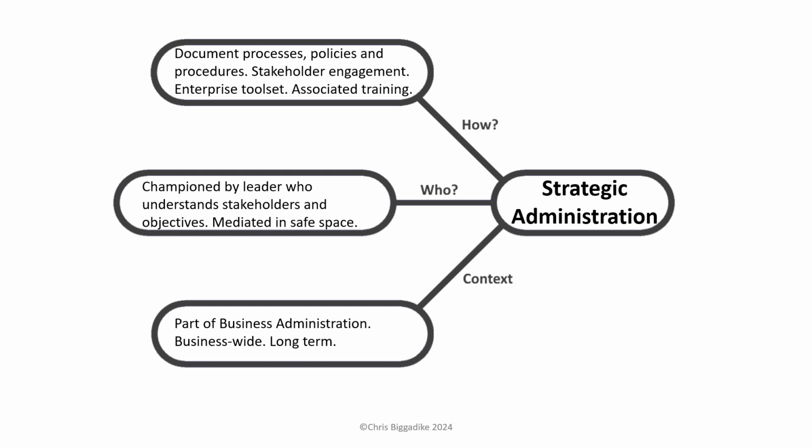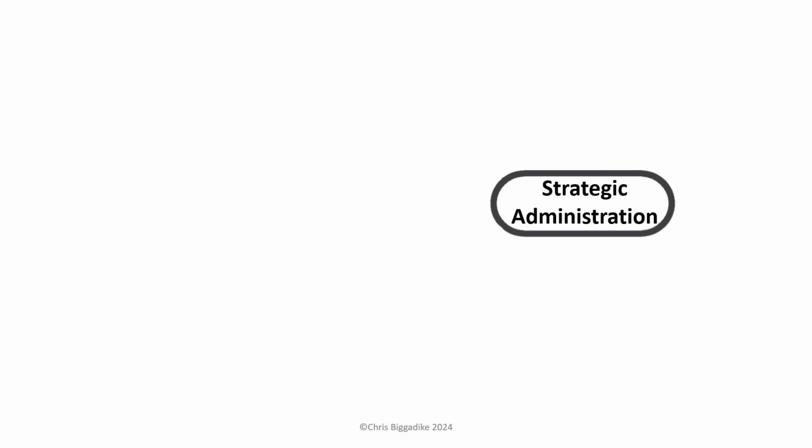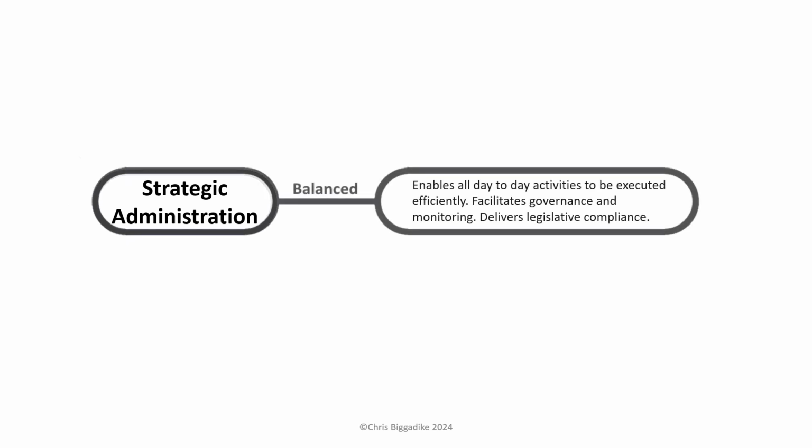It's business-wide, it's long-term, and pretty much it applies to everyone. When it's balanced, it enables all day-to-day activities to be executed efficiently, facilitates governance and monitoring, delivers legislative compliance.